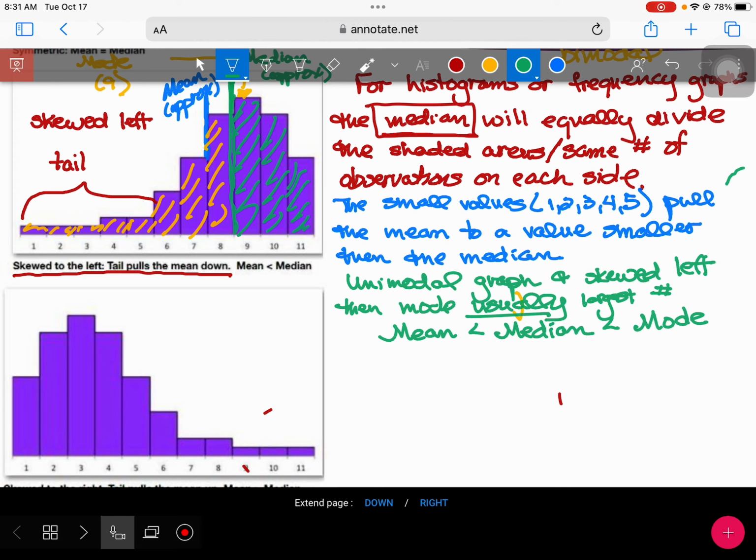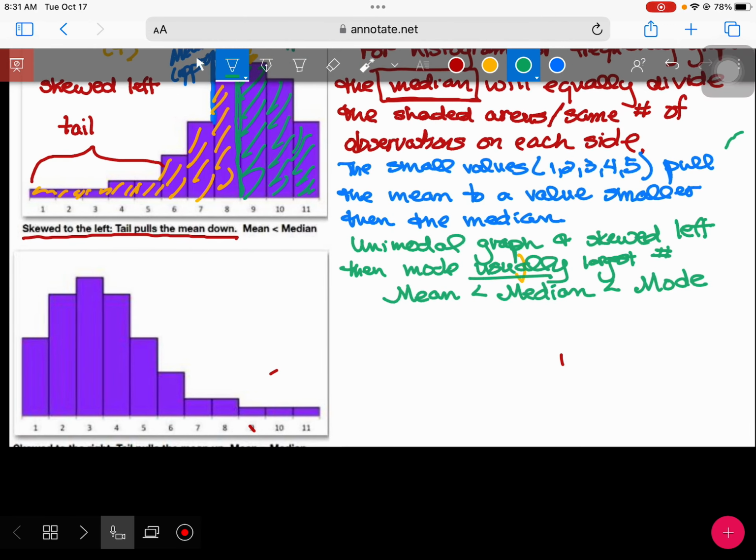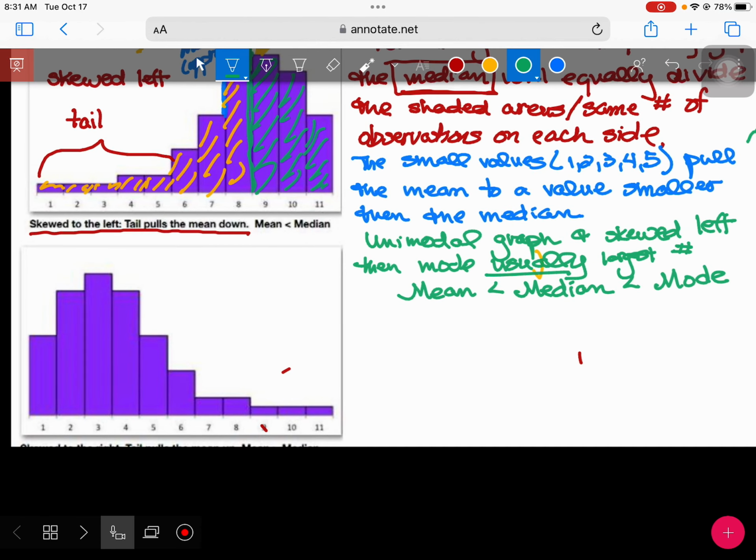Okay? All right. And the last one, that is totally cut off. Yes, unimodal graph and skewed left. Then the mode is usually the largest number. And the mean is going to be less than the median, which is going to be less than the mode.